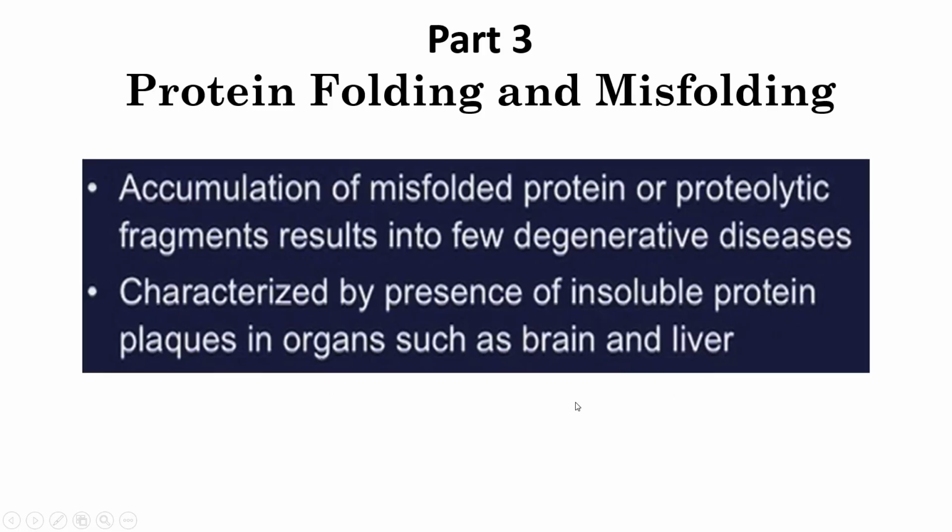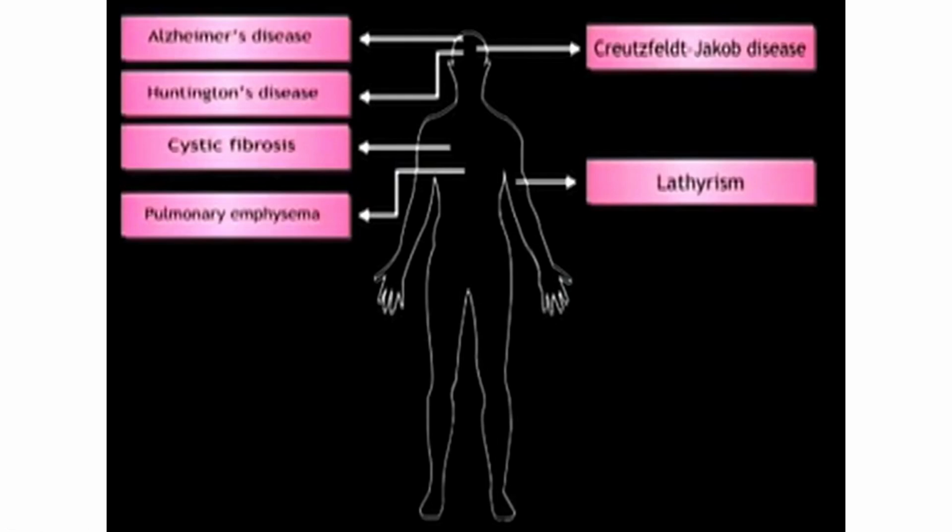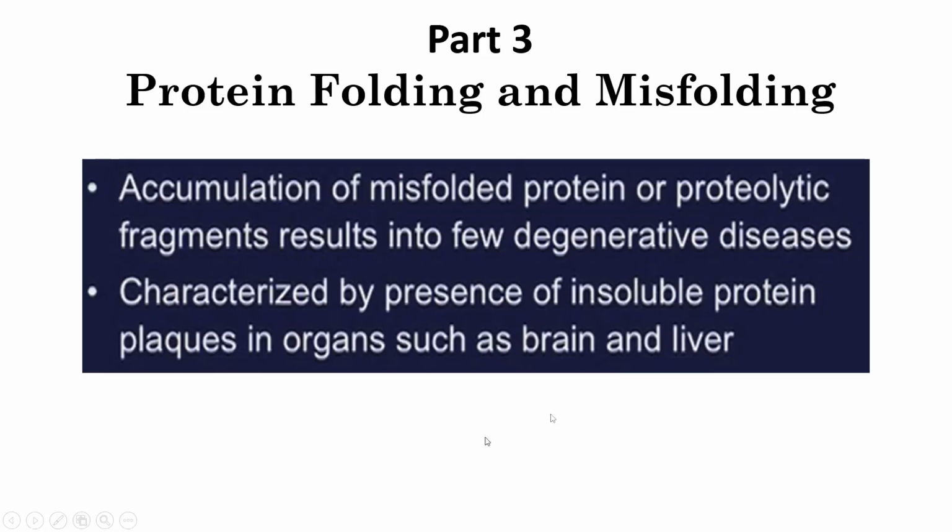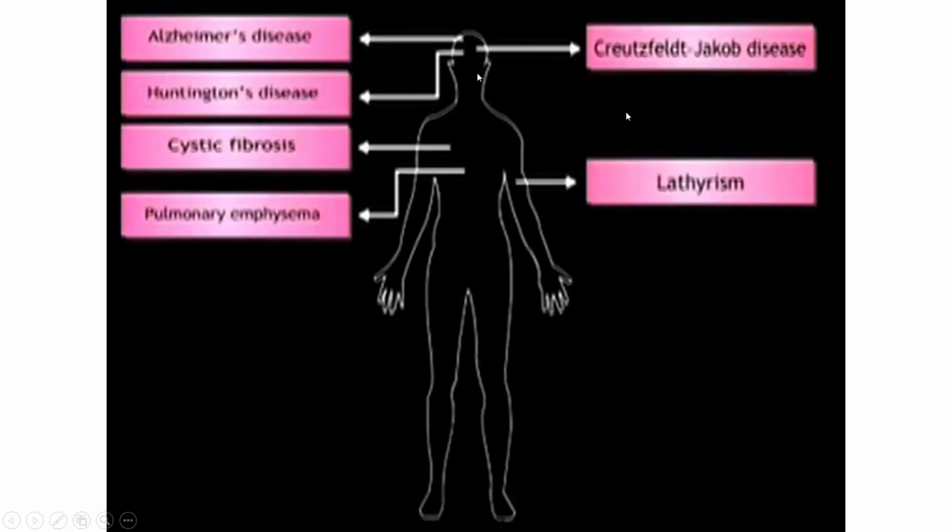That depends upon the type of protein, and these are certain diseases which can be caused by the presence of some types of proteins if they are insoluble. If they are present in such body parts, those are called degenerative diseases, and these are those diseases.